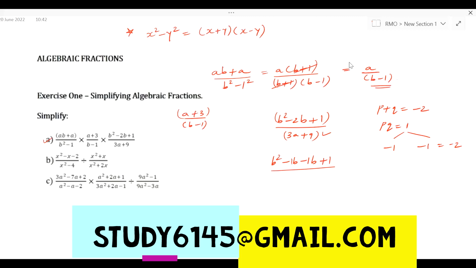So can we simplify this, 3a plus 9? Yes, it will be 3a plus 3, 3. Good. a plus 3. Okay.